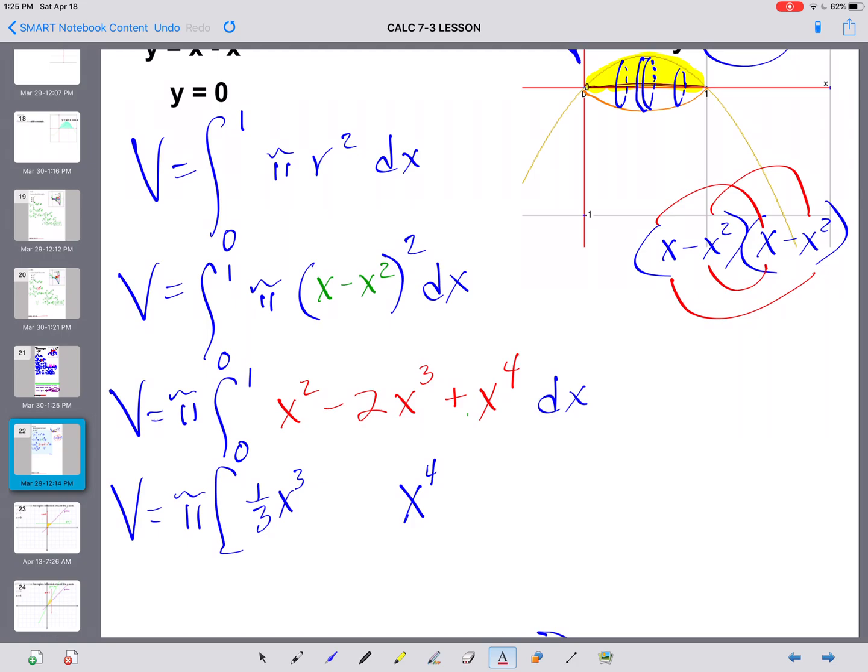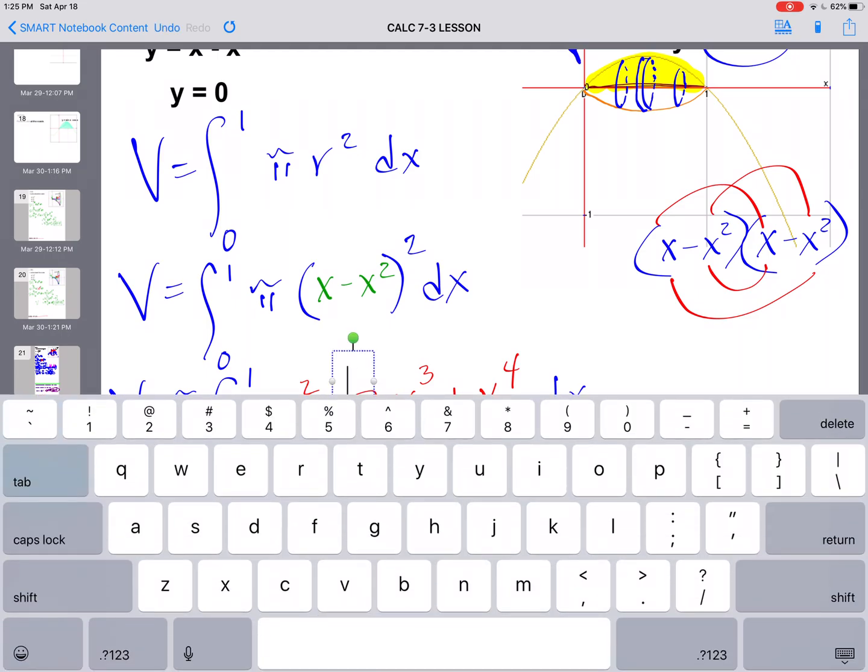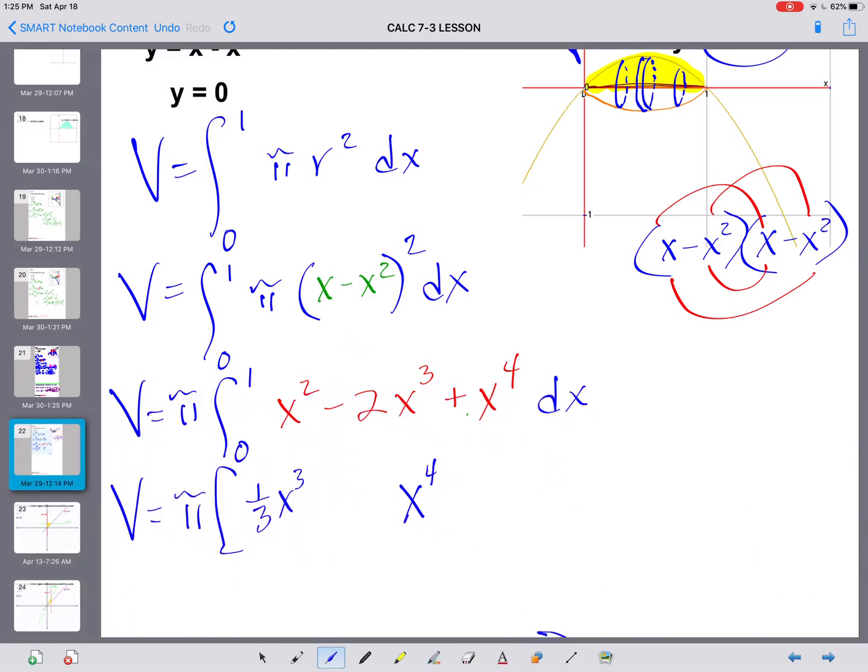It's going to be negative 2/4. If you want to put 1/2, that's fine. Plus antiderivative of x to the 4th is 1/5 x to the 5th. Those are the antiderivatives. Straight evaluation bar, 0 to 1.